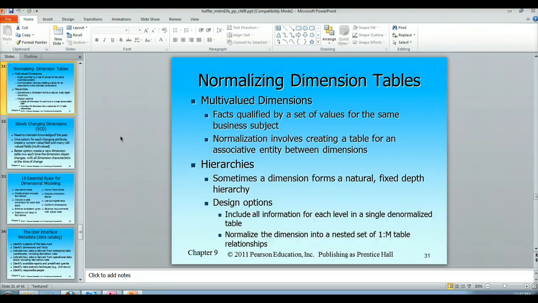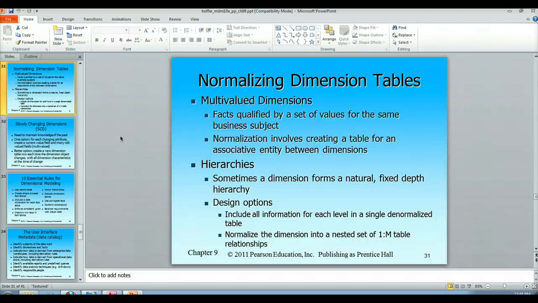You've seen that already. What you want to do as far as normalizing this is creating a table for an associative entity between dimensions. And we've kind of seen that in our example of time. So we've got time, and then we had events and countries and international information.